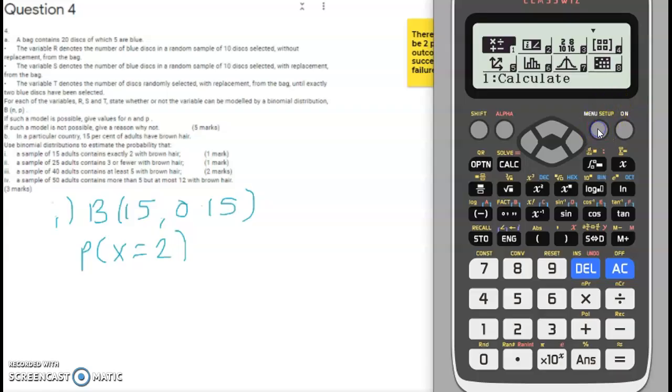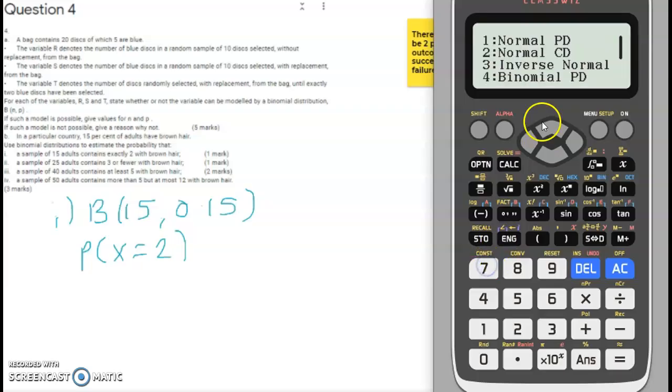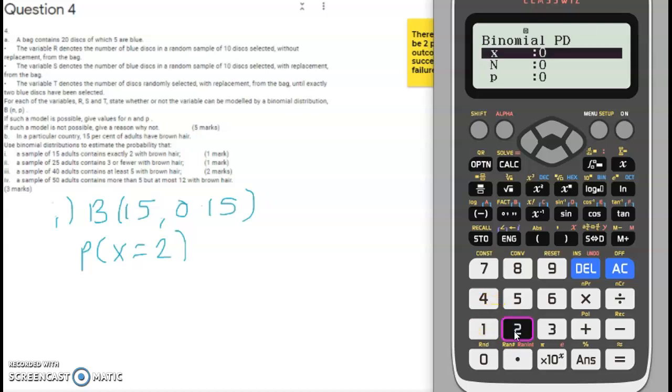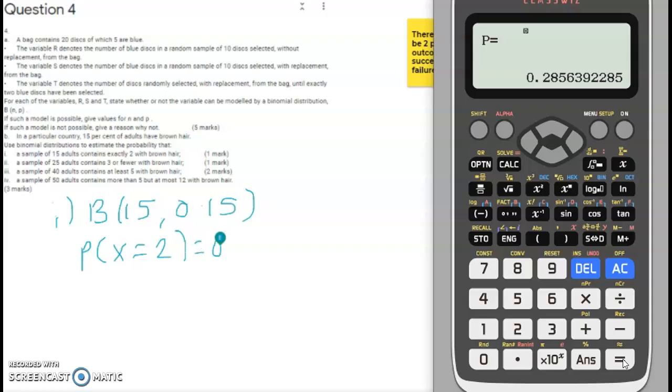So I'm going to go menu, down to 7, distributions, and I want binomial PD, number 4. As I only want one value, I'm going to go for variable, where x is 2, n is 15, and p is 0.15. We could alternatively put this in the formula, nCr, p to the r, q to the n minus r. Both will give us the same answer of 0.2856.